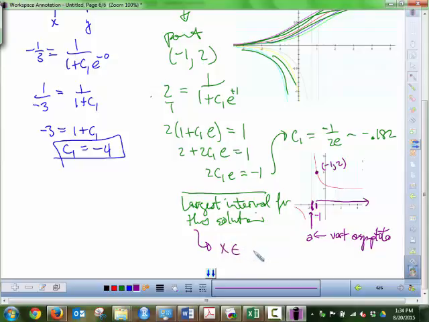Are you guys familiar with this symbol? It's an element of. So x is an element of, and then this continuity starts from A, whatever A is, and it goes on to infinity.